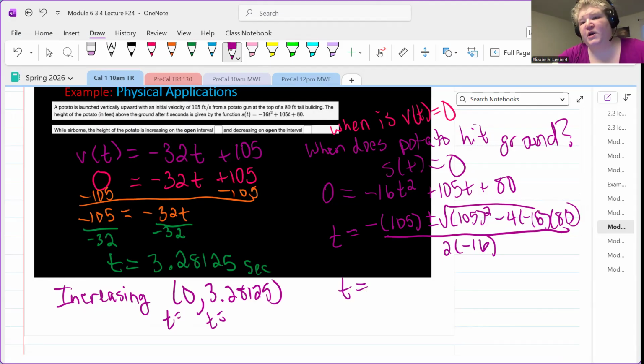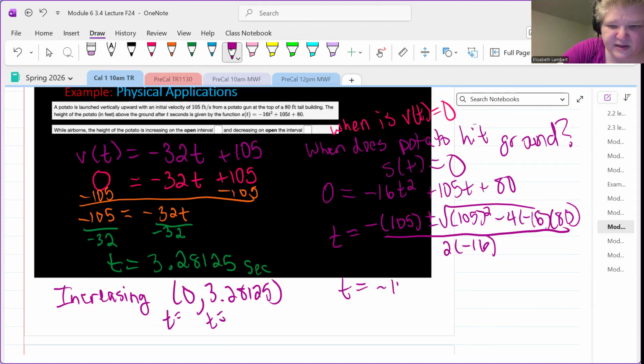Now there are two different numbers here, the positive square root number and the negative square root number. What I like to do first is calculate what's inside the square root. So 105 times 105 minus 4 times negative 16 times 80.